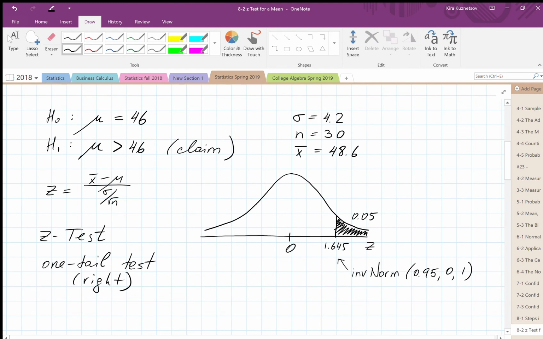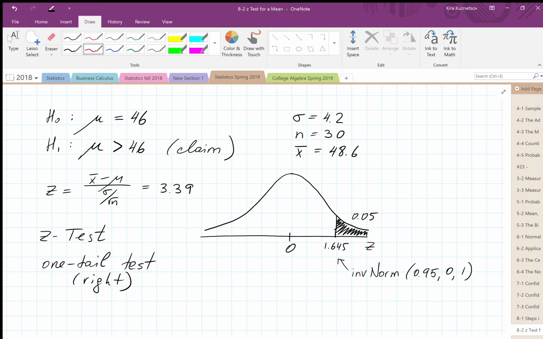Then I can take all of the values that were given to me in the original problem and plug them into my calculator and find the z. In this case, the z will be 3.38. What you can do is decide where the 3.39 will fall, either into the critical region or a non-critical region.